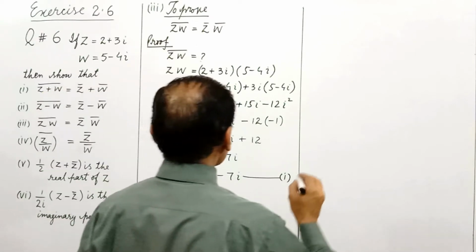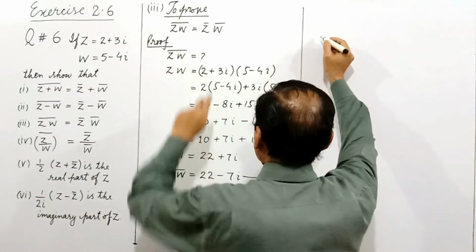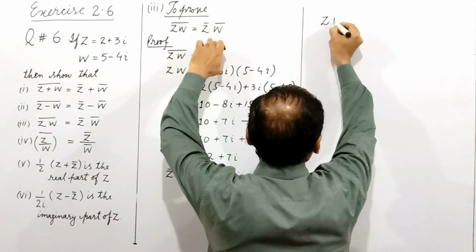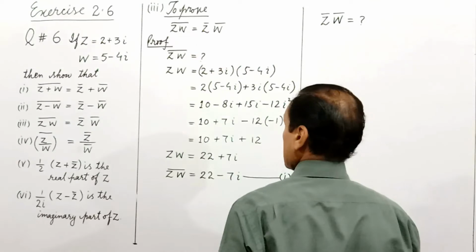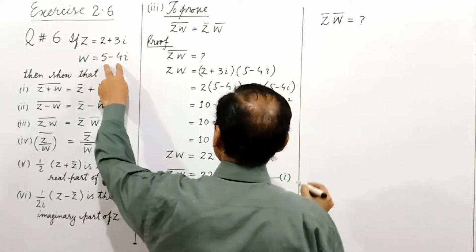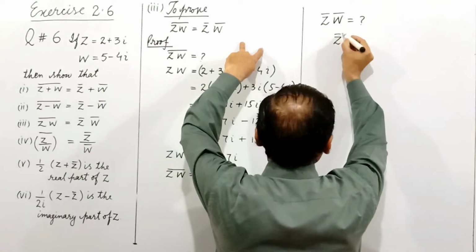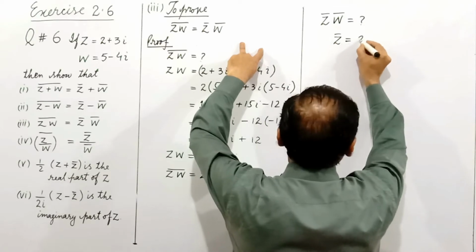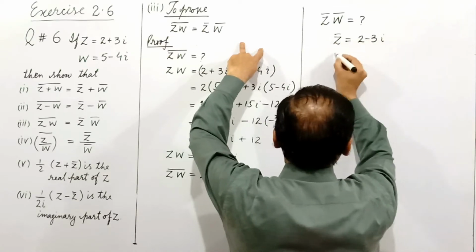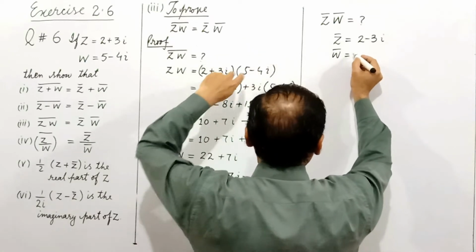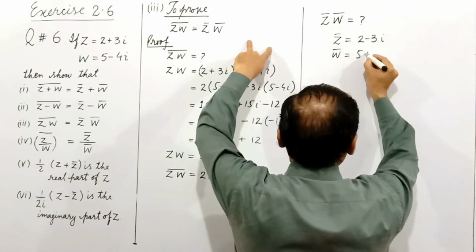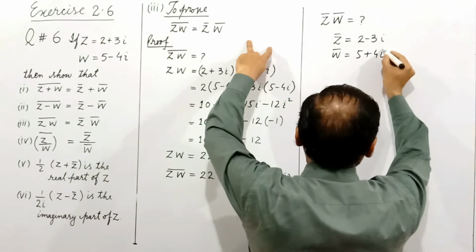Now we take the right hand side, in which we are required to find the product of z bar and w bar. For this we need the conjugate of these two. Z bar is equal to 2 minus 3 iota, whereas w bar, the conjugate of w, is 5 plus 4 iota.